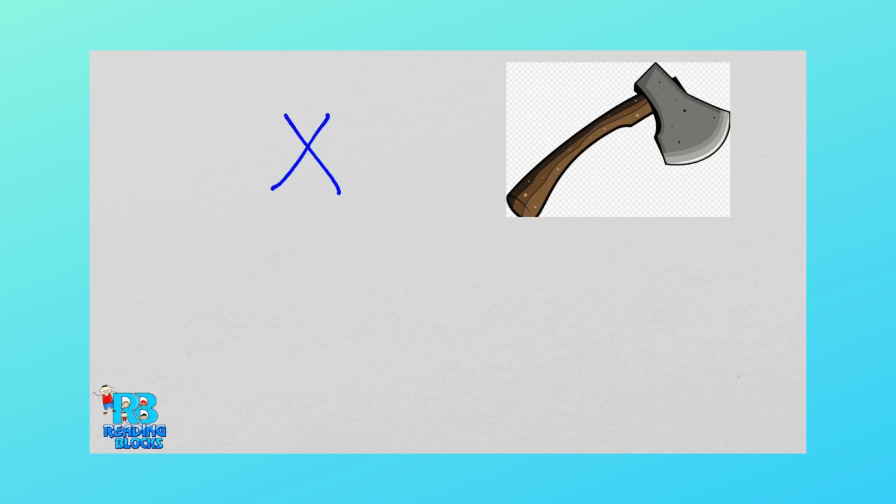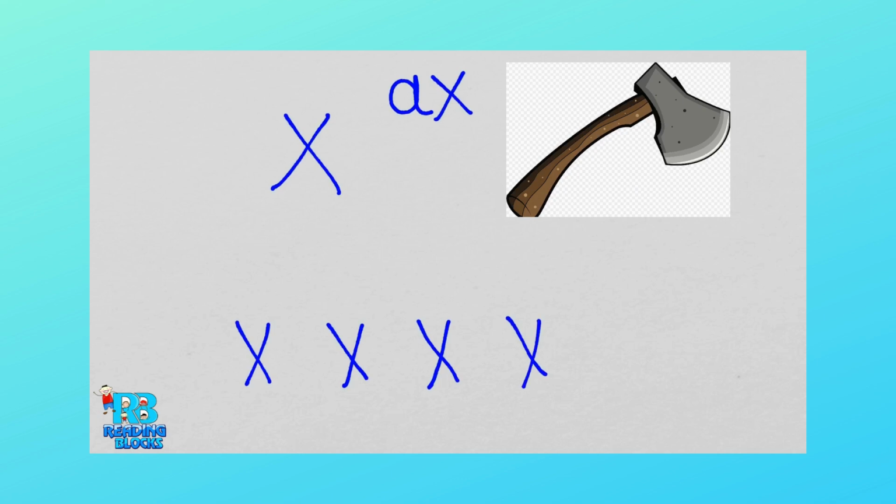The letter X. X, like an X. Now this is how we write X. And we want this sound, X. This is an X. Let's practice that X sound. X. X. X. Very good. So that's that sound. We write it that way.